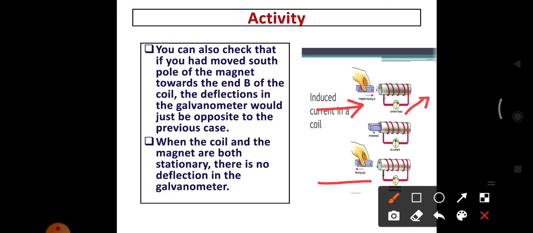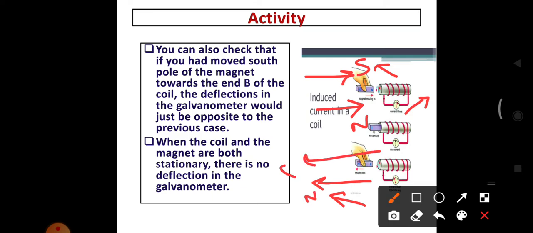When we take out the north pole, the galvanometer shows left. For the south pole, at first it shows left. When we take it out, it shows right. That is opposite to the north pole.